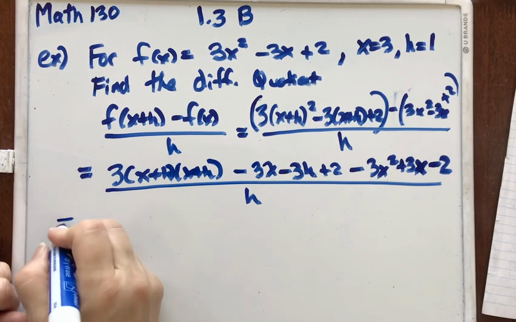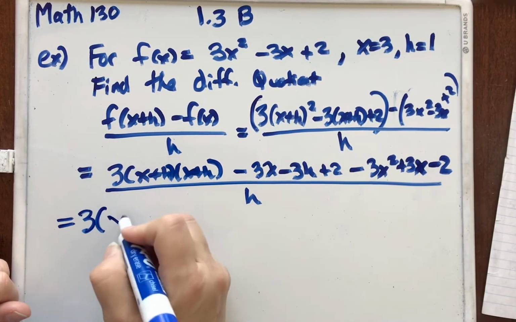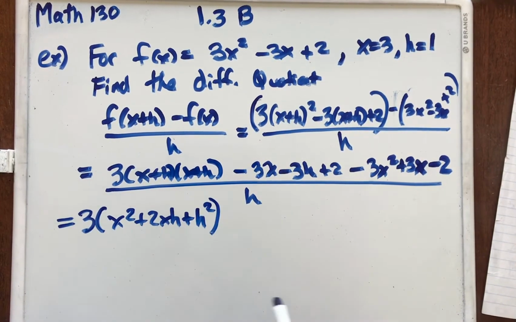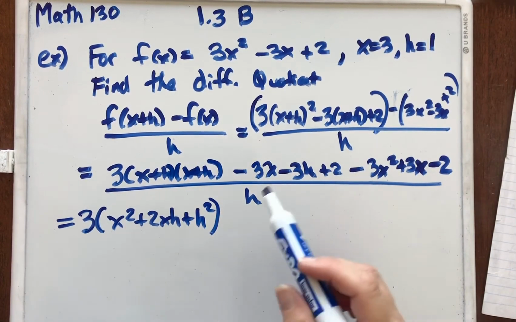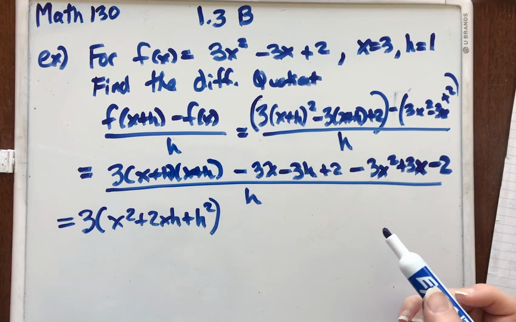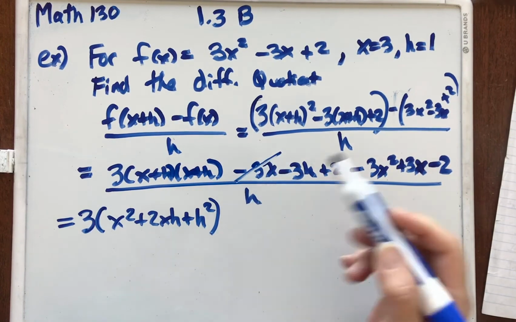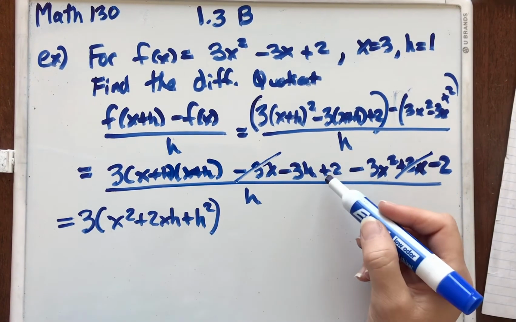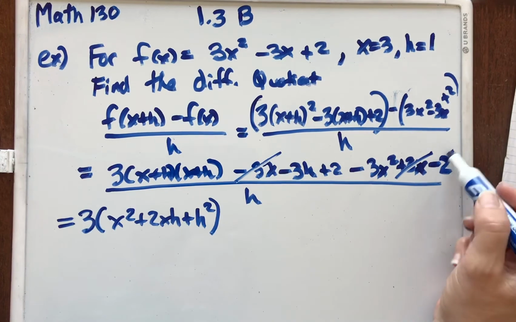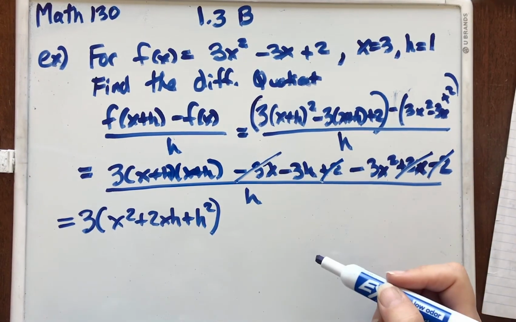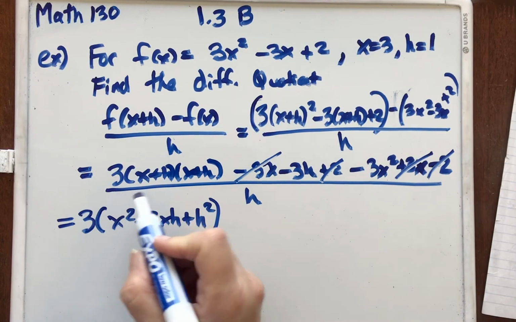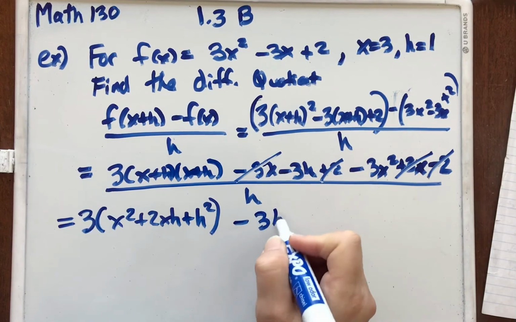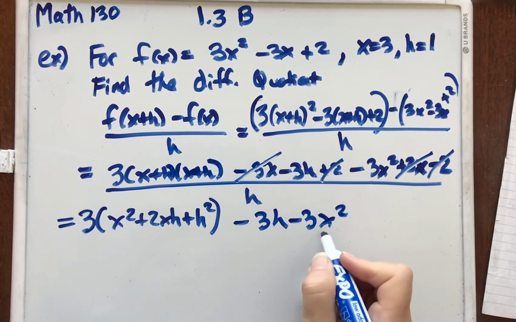What does this become? This is 3 times x squared plus 2xh plus h squared. While we're waiting to do that, can we cancel anything here? Certainly, we have this negative 3x and a positive 3x. We have a positive 2 and a negative 2, so I'm going to take those out. So far we have this, and then we're left with a minus 3h minus 3x squared all over h.